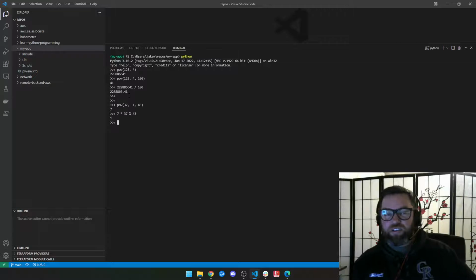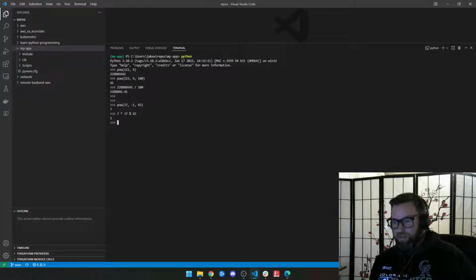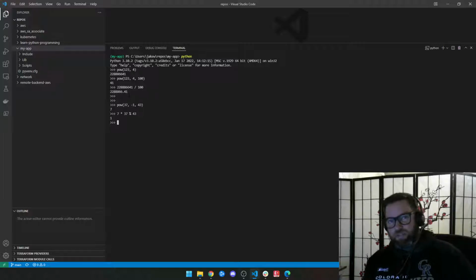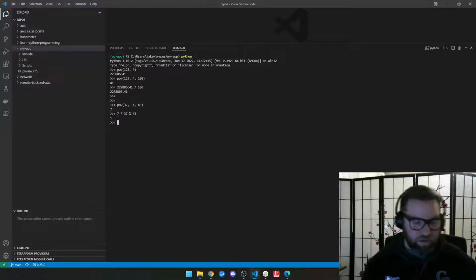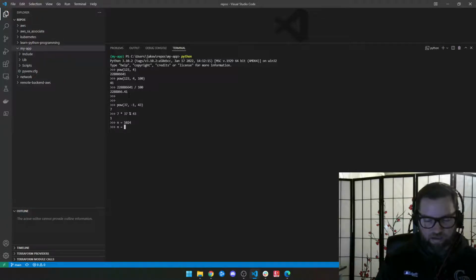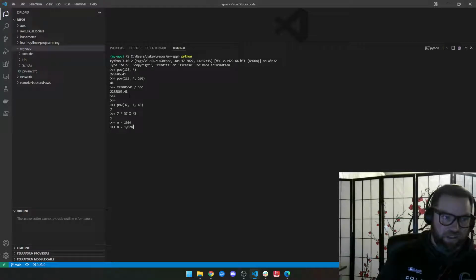So one nice feature that Python came up with a while back was the ability to add underscores within number literals, like between digits or base specifiers. The purpose was to help make some numbers more readable. So let's say I wanted to say that n equals 1024, and you would rather it look like 1,024, like you would see in a spreadsheet.